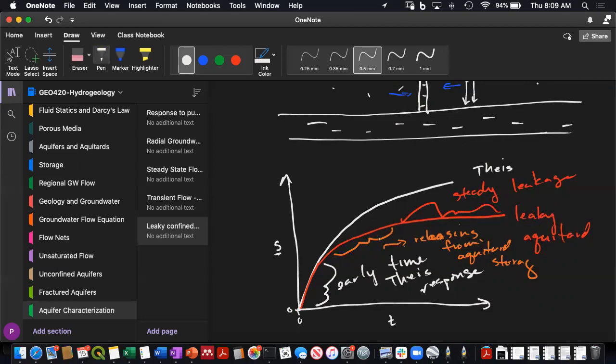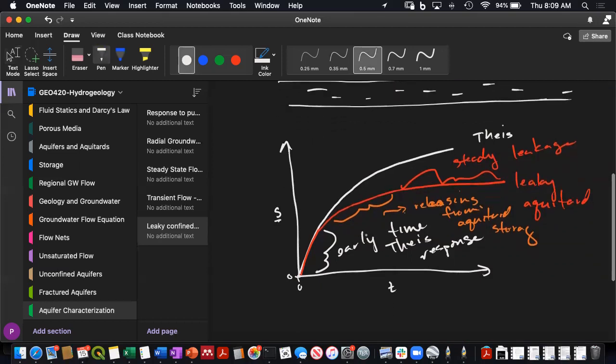I'm going to draw one more curve here. In all of these, at really early times, we always see a response pretty close to the Theis response. Then we get into this portion of the curve where we're releasing water from storage out of the aquitard.